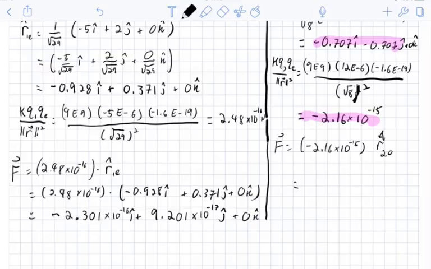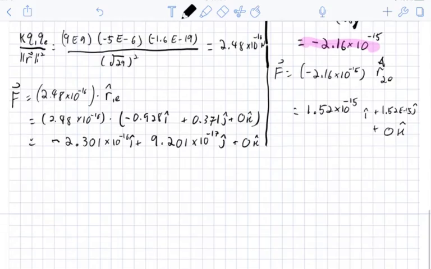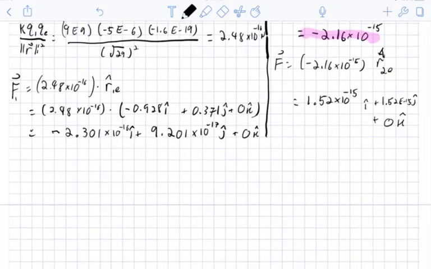So it's going to be 1.52 times 10 to the 15 minus, in the I hat direction, 1.52 E minus 15 in the J hat direction, and 0 in the K hat direction. So these are each of the forces. This is the force of 1 on the electron, this is the force of 2 on the electron, and now I need to add them together.